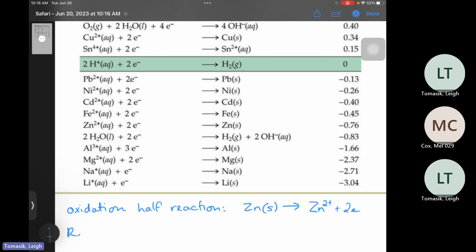And our reduction half reaction was this.